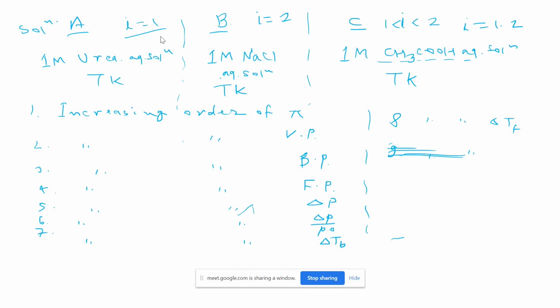So now for the next questions: vapor pressure, boiling point, freezing point, calculate for all. The answer ACB is for question number 1. You are getting this answer, A is less than C is less than B. This is applied for question number 1, and for all colligative properties like question numbers 8, 7 and 6.